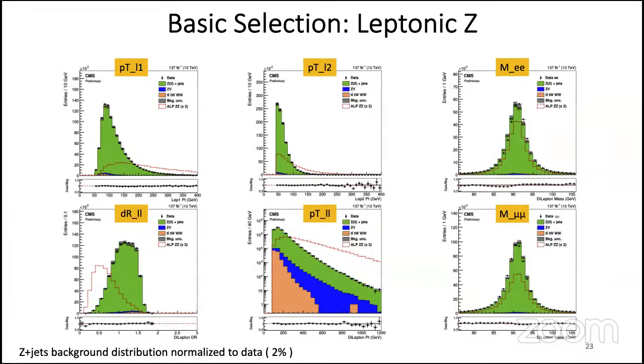In this case, ALP going to CC. Here is the distribution of the leading lepton PT, the subleading lepton, the invariant mass distribution of the dielectron, the dimuon, the PT distribution of the dilepton, and the separation between two leptons.